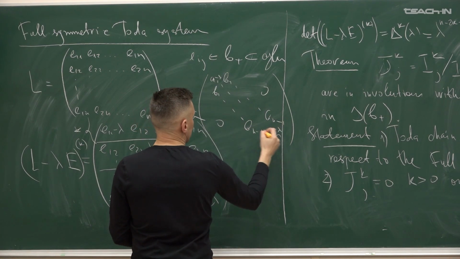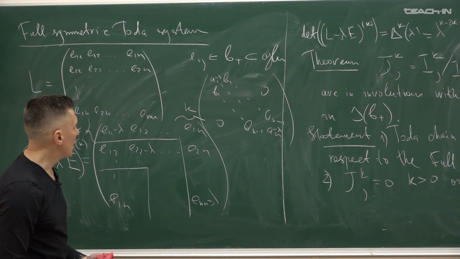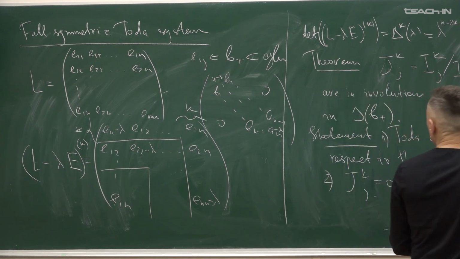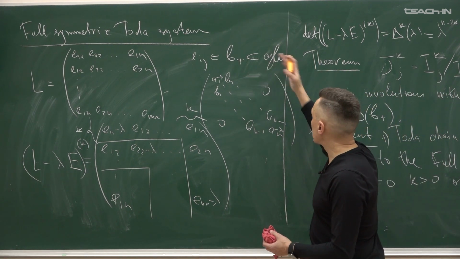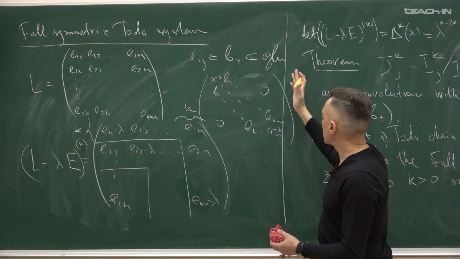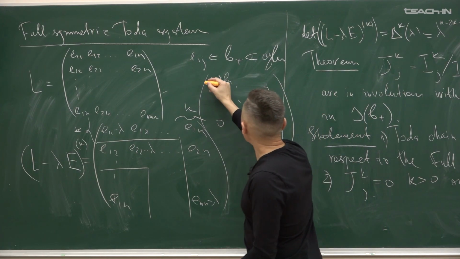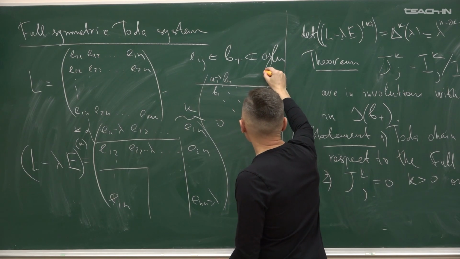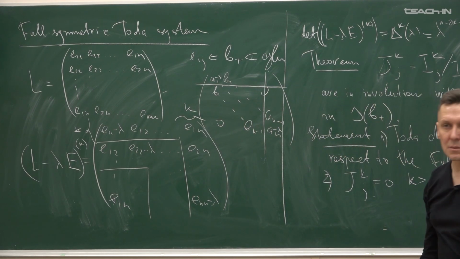We subtract the unit matrix, but now we start to chop the rows and the columns of our matrix, just for the first time.